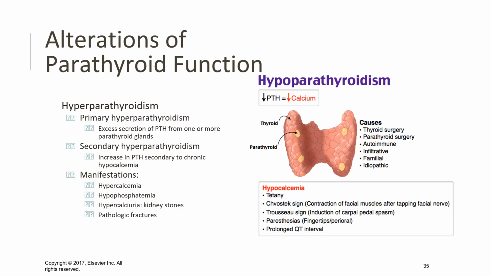So let's break it down a little bit more in case you're not as familiar with this. The parathyroid is composed of 4 small glands that you see here, embedded in the posterior aspect of the thyroid gland. And again, as I said before, the main function is production and secretion of the parathyroid hormone, or PTH, which is a polypeptide hormone responsible for the maintenance of serum calcium homeostasis.